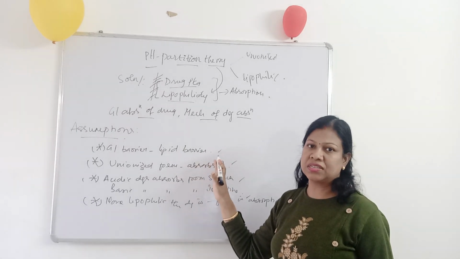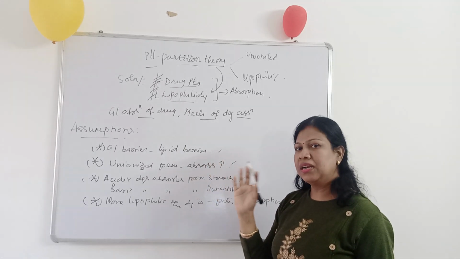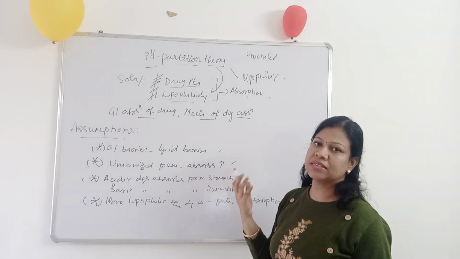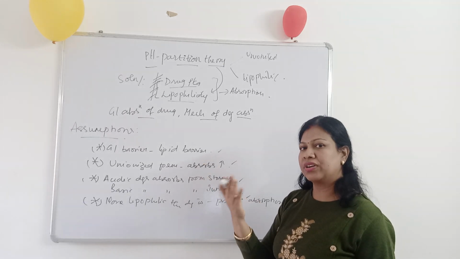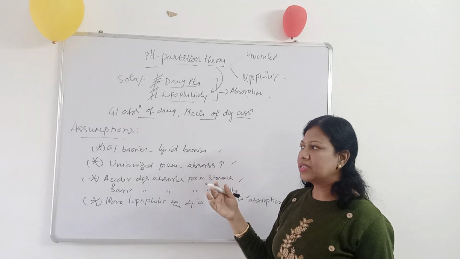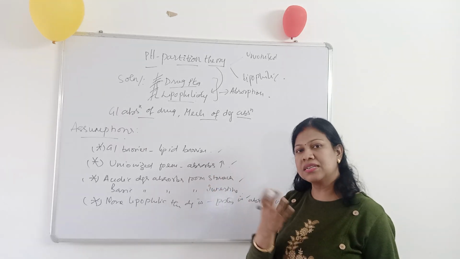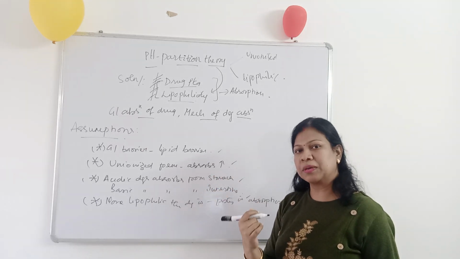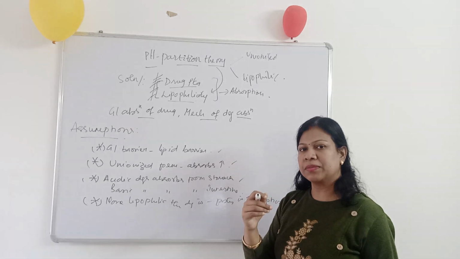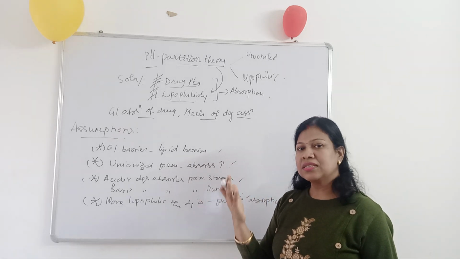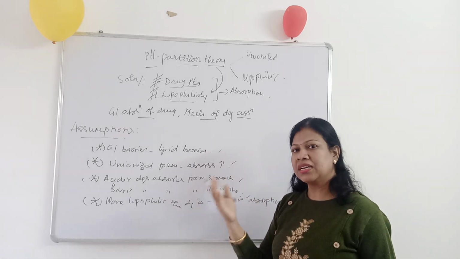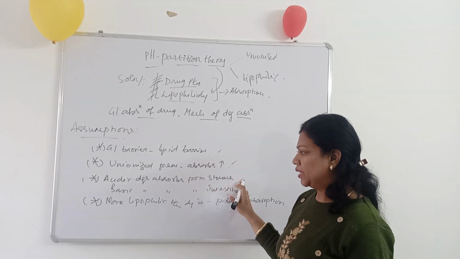The first assumption is that GI is a simple lipid barrier, and the second assumption is that the unionized form of drug absorbs more. So unionized form of drug means acidic drugs get unionized in stomach pH, so absorb more in stomach, whereas basic drugs absorb more from intestine as they are unionized at that pH.